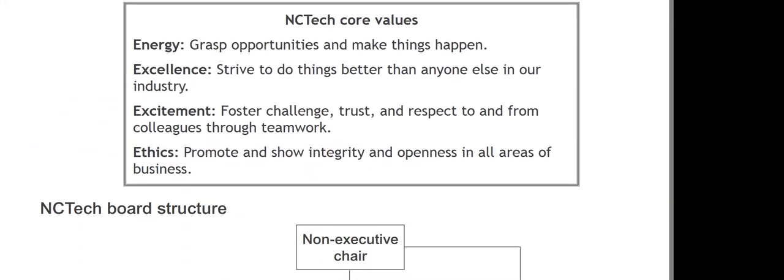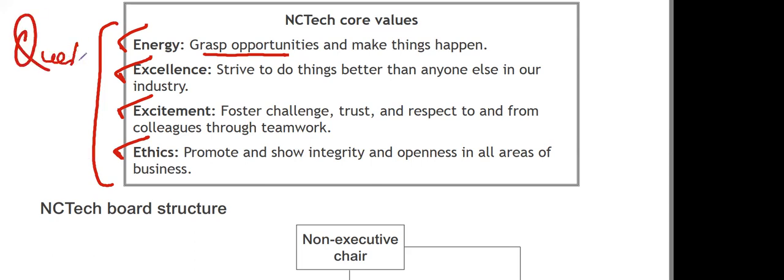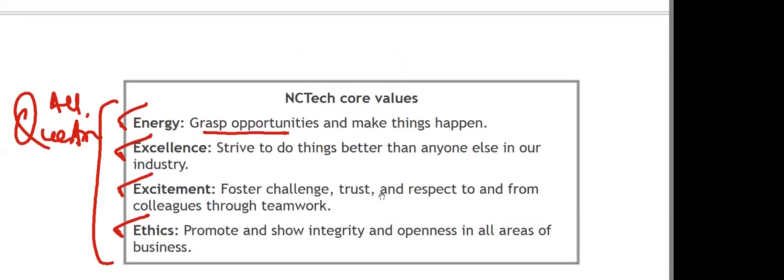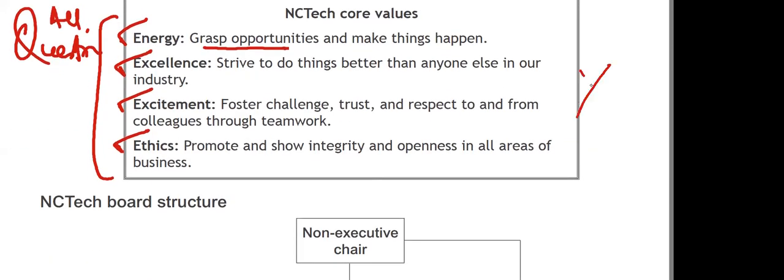So the core values of grasping energy, grasping opportunities, excellence, doing things better than others, excitement, and ethics. These are the aspects that you need to keep in mind for all questions. For all questions, this information would be relevant. You shouldn't be making a suggestion, or you shouldn't be evaluating things which are contrary to their vision, mission, and values.